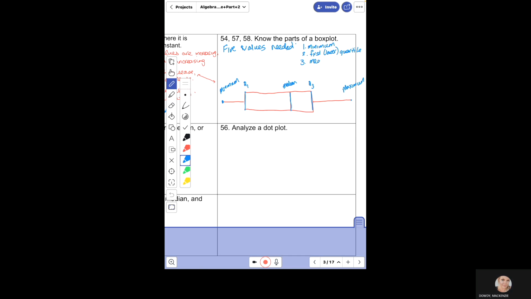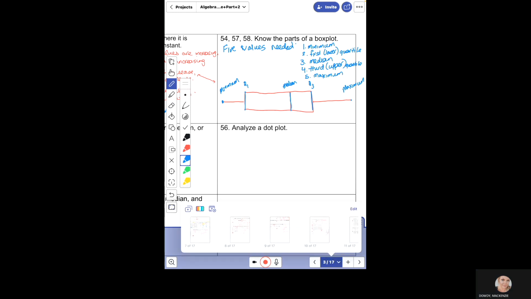Median. Third, or upper quartile. And maximum. All right, so keep this handy because I don't want to keep flipping back and forth for 54, 57, and 58. We're going to complete those 3 in an effort to save some time.